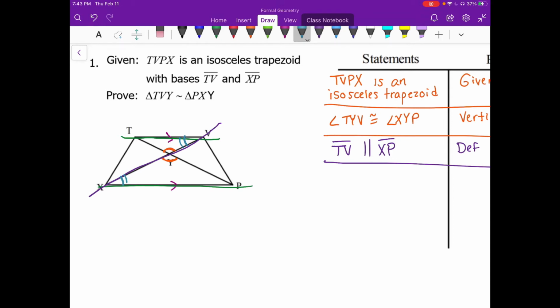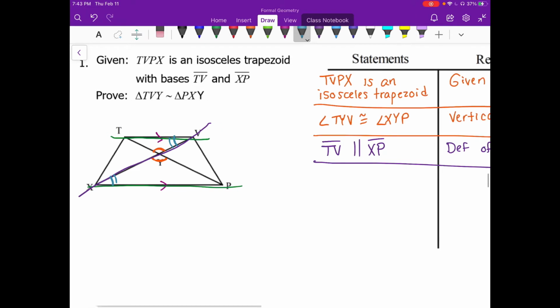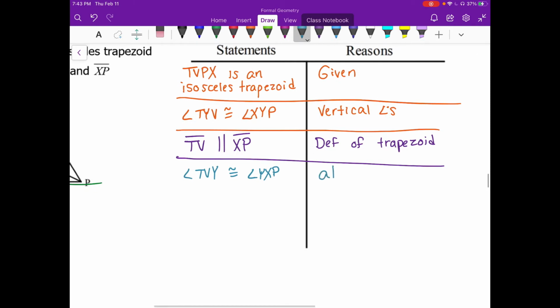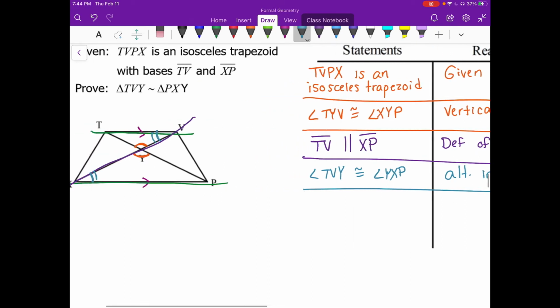Those are the same. So I'm going to say angle TVY is congruent to angle YXP. They are alternate interior angles. So therefore they're congruent. So I've just shown that 2 angles in those 2 triangles are congruent.